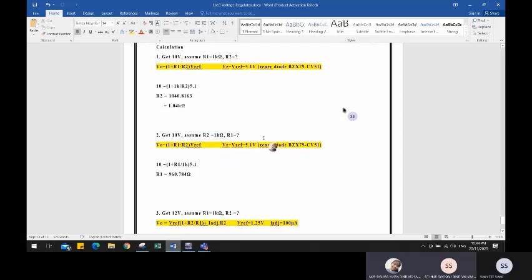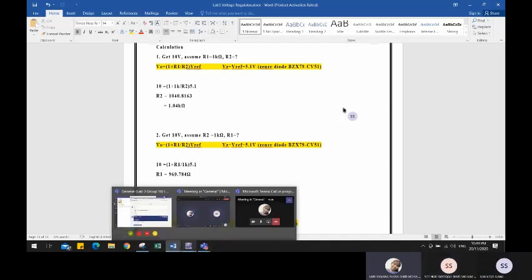With the same formula, we get R1 as 960.78 ohm by calculation.